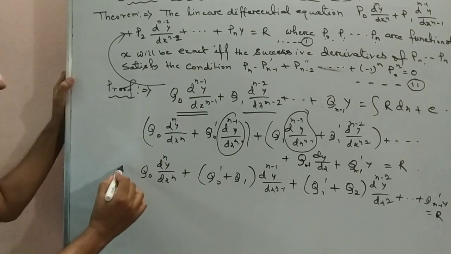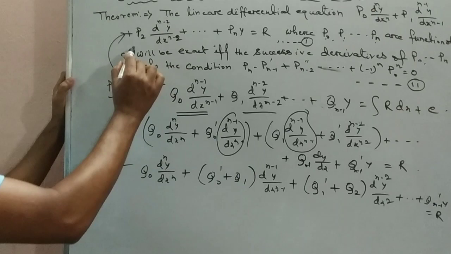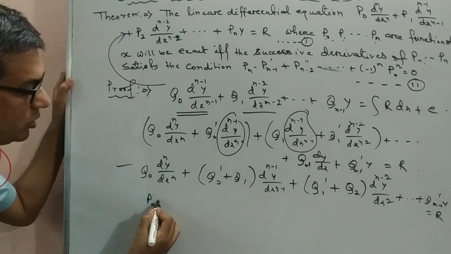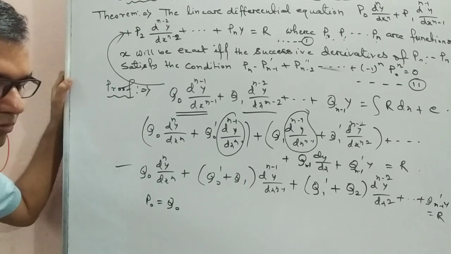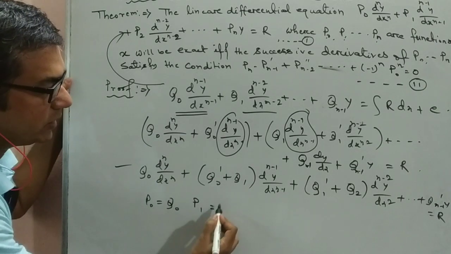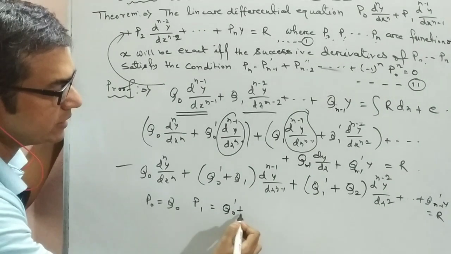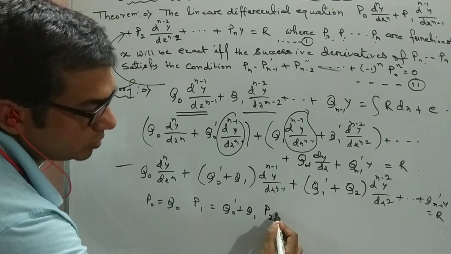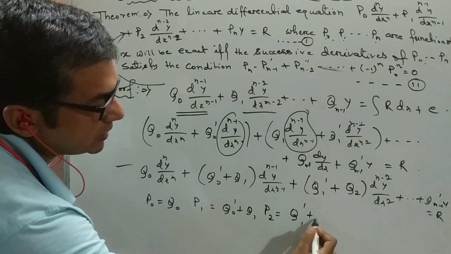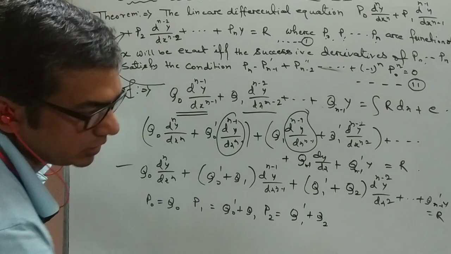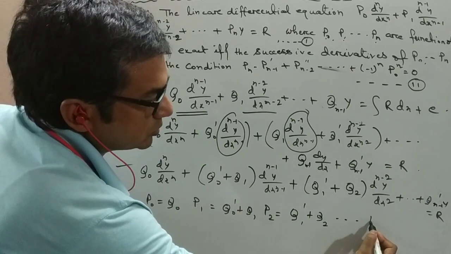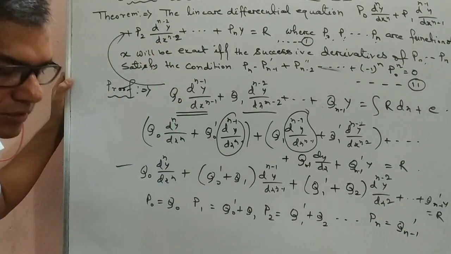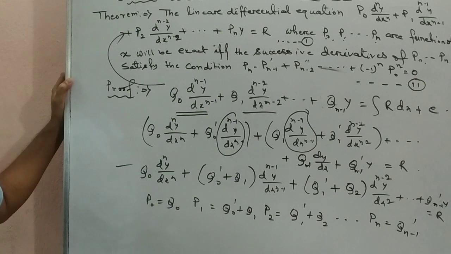Now comparing this equation and equation 1, we get P0 equal to Q0, P1 equal to Q0 dash plus Q1, P2 equal to Q1 dash plus Q2, and so on, Pn equal to Q(n-1) dash, and R equal to R, both sides are equal.